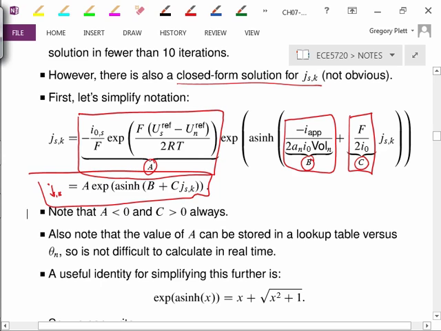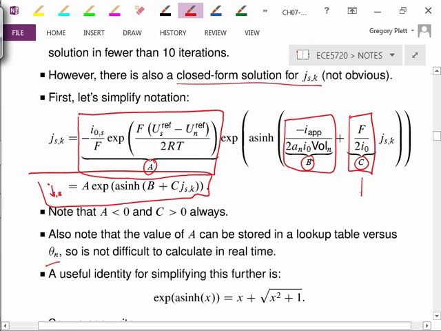Another important observation is that A, while it has some nonlinear operations in it, like exp and multiplications and divisions, and looks complicated, we can actually store in a lookup table. Here I say a lookup table versus theta n. It's also possible to do it in a lookup table versus cell state of charge. So it's very easy to calculate in real time. You simply look it up based on cell state of charge.